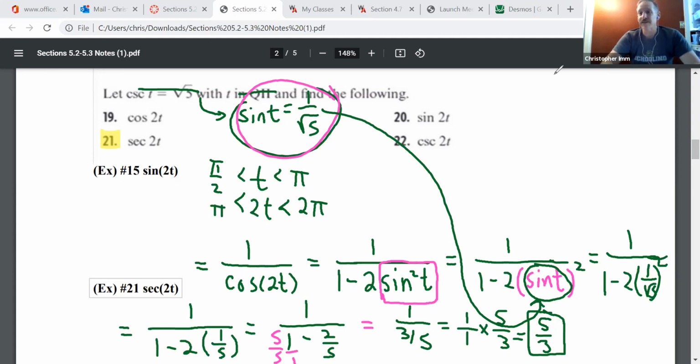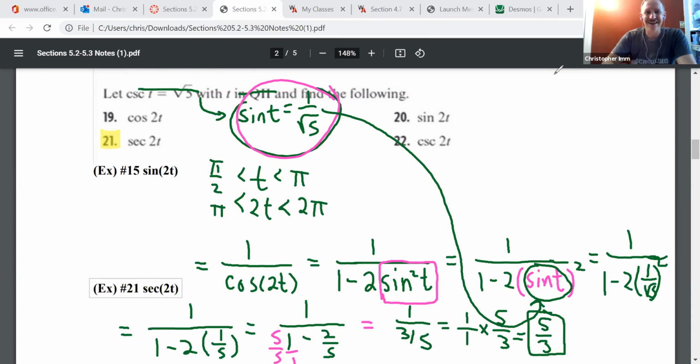So I'm in quadrant 3 or 4 now, but where is secant positive? Quadrant 3 or 4? Or both, or neither? Well, I hope it's not neither. Quadrant 4, Grace? Yeah, secant's going to be positive in quadrant 4 because it's 1 over cosine, and cosine is negative in quadrant 3. So we can tell here that our new angle is going to be in quadrant 4.